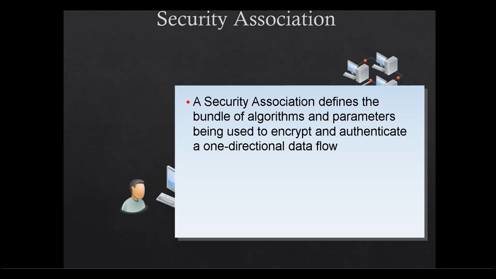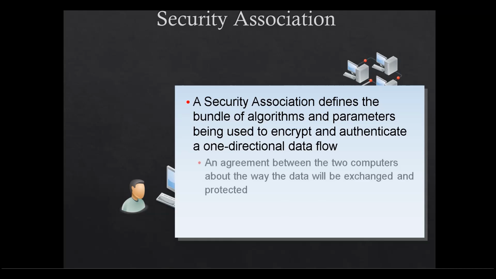Remember, in the last session we discussed asymmetric encryption and symmetric encryption. Those are algorithms. So, as a one-liner, a security association defines a bundle of algorithms and parameters being used to encrypt and authenticate one directional flow, just for sending the traffic or receiving the traffic.